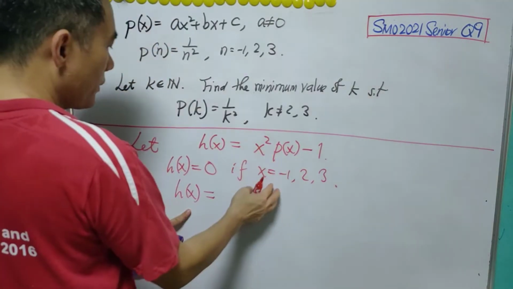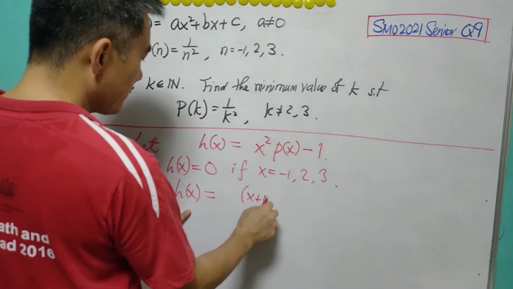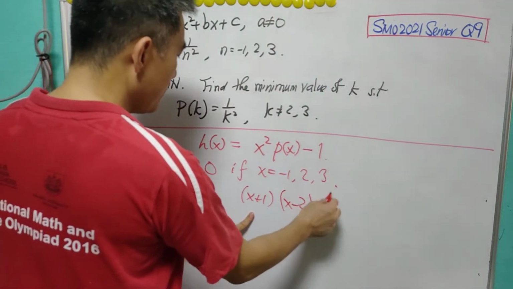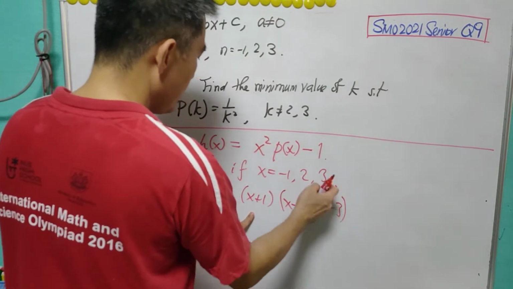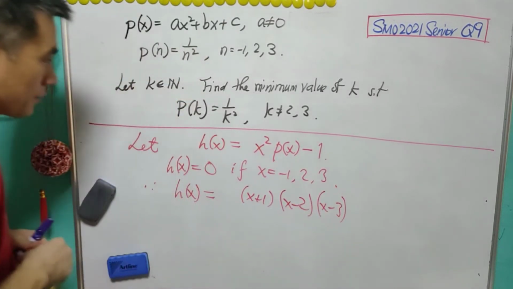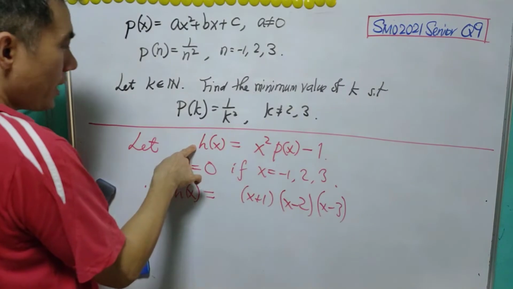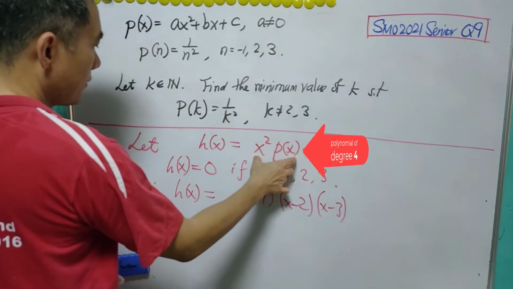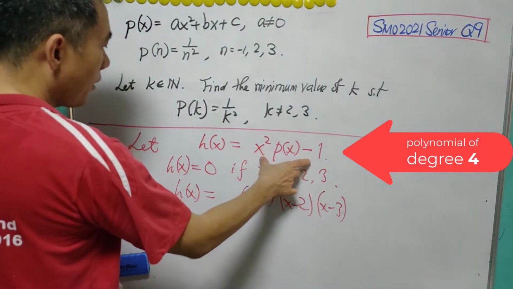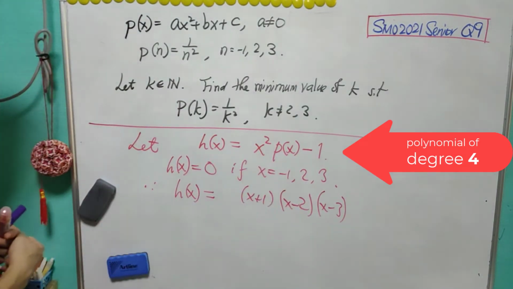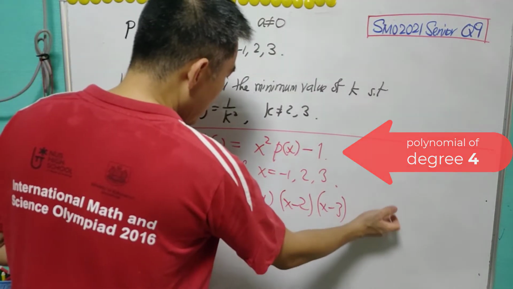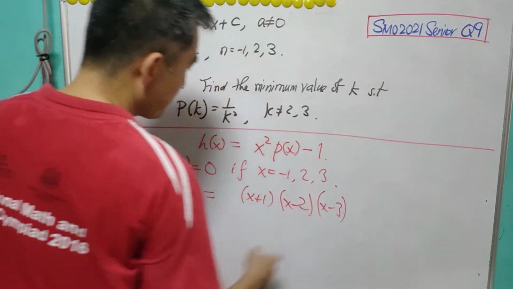So with this, we can get x plus 1 is one of the factors, x minus 2 is one of the factors, x minus 3 is another factor. Now note that h(x) is x squared times P(x) minus 1, and this is a polynomial of degree 4. And since this is a polynomial of degree 4, then there should be another linear factor.